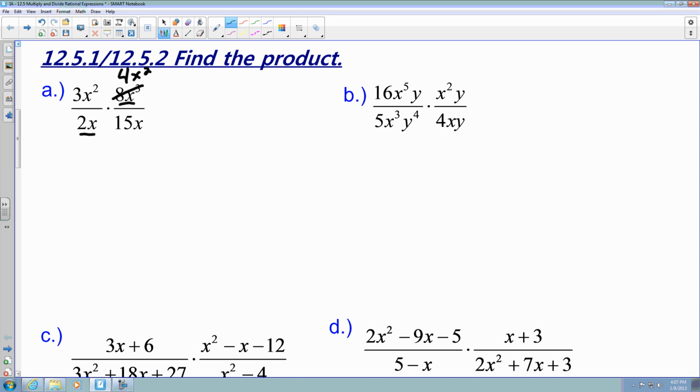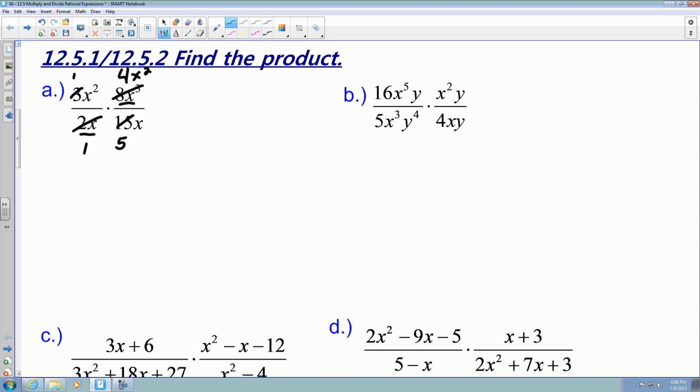Now, if I take 2x over 2x, that leaves me with just 1. Here, I have 3 and 15. If I took 15 divided by 3, I'd get 5. If I took 3 divided by 3, I'd get 1.